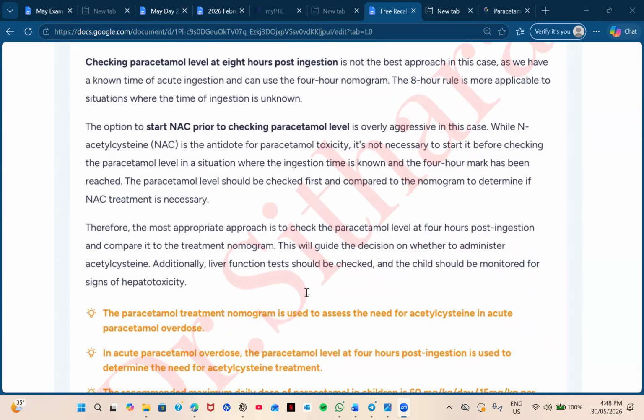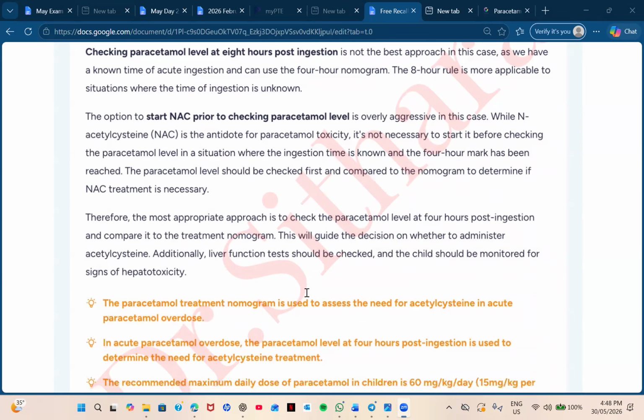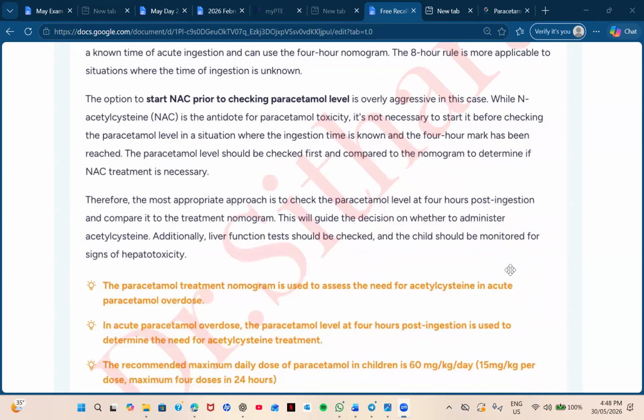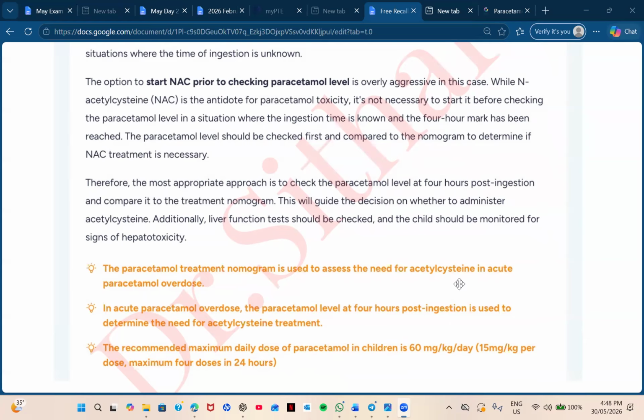Additionally, liver function tests should be checked and the child should be monitored for signs of hepatotoxicity. The paracetamol treatment nomogram is used to assess the need for acetylcysteine in acute paracetamol overdose. In acute overdose, the paracetamol level at 4 hours post ingestion is used to determine the need for acetylcysteine treatment.